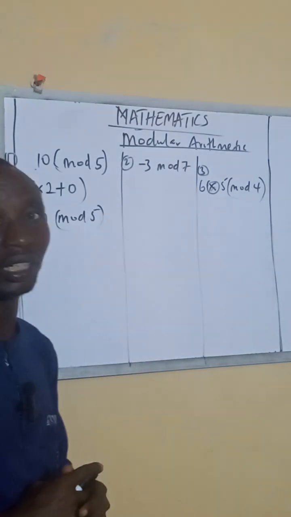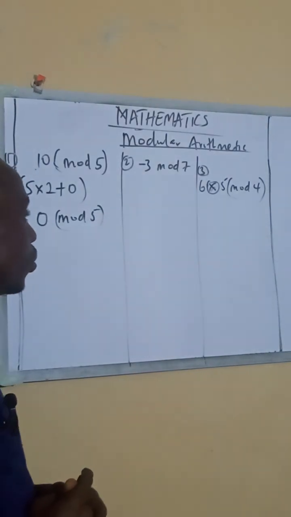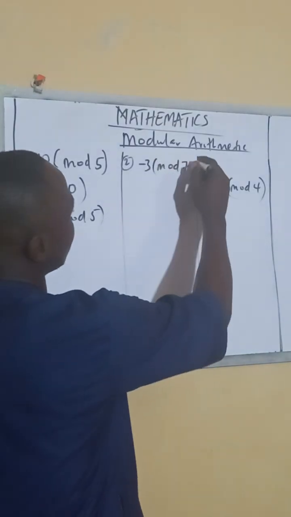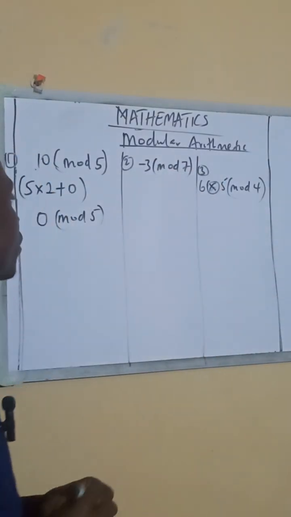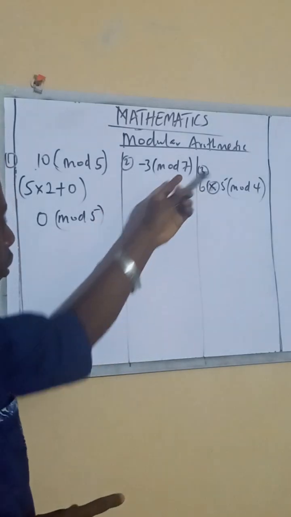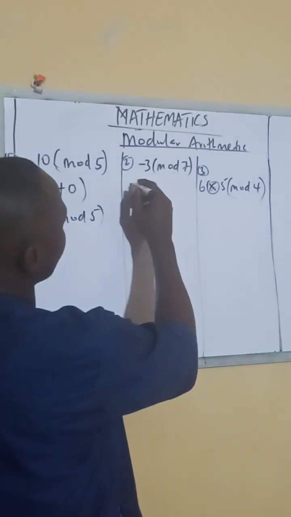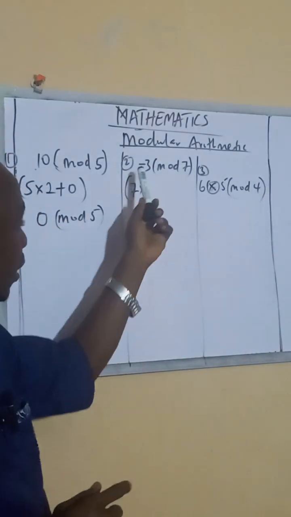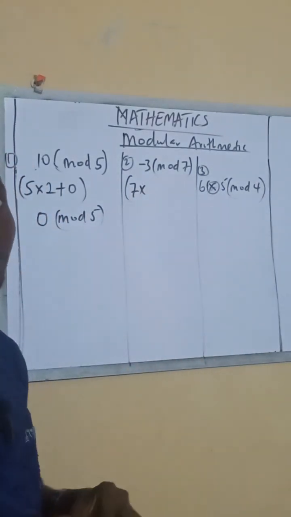This time around, this one is having negative sign. That is minus 3 mod 7. On this minus 3 mod 7, how do you solve this kind of question? In this case, we are working with our mod. You go ahead and say 7 times. Now, when you're going to multiply with the one that is having negative sign, that means you have to introduce negative sign.